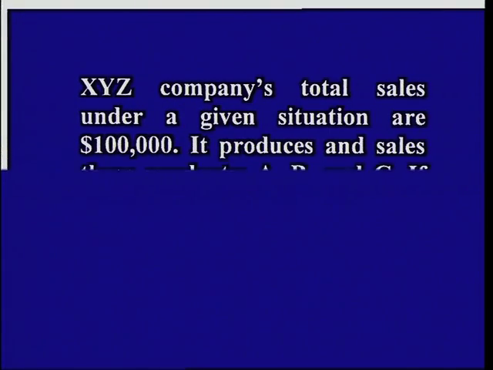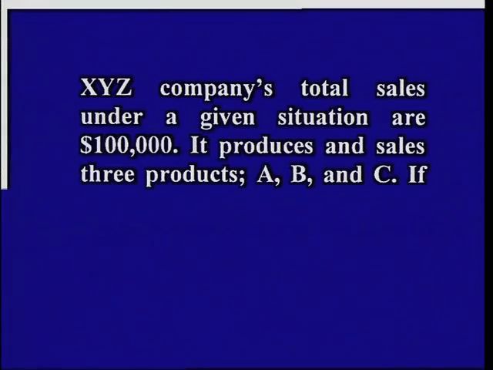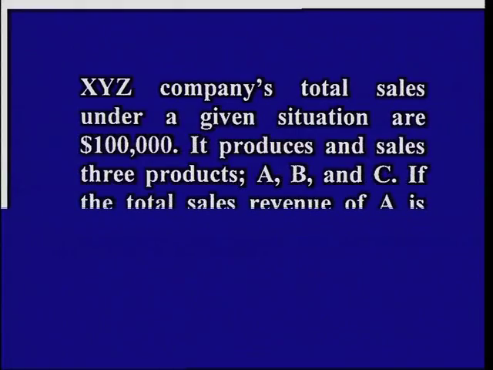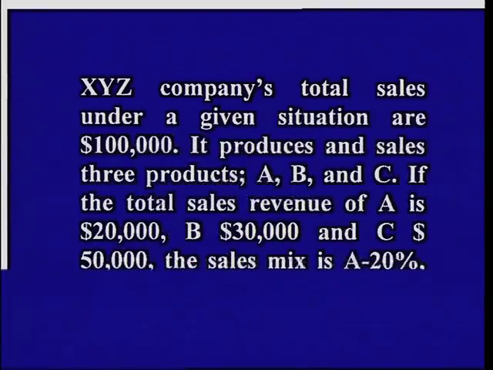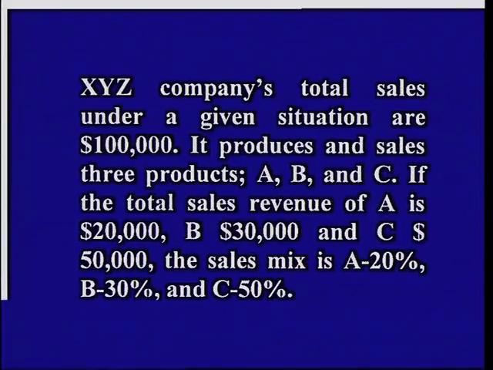It produces and sells 3 products: product A, product B, and product C. If the total sales revenue of A is $20,000, B $30,000, and C $50,000, the sales mix is A 20%, B 30%, and C 50%. The managers must understand the impact of sales mix on overall profit of the organization.